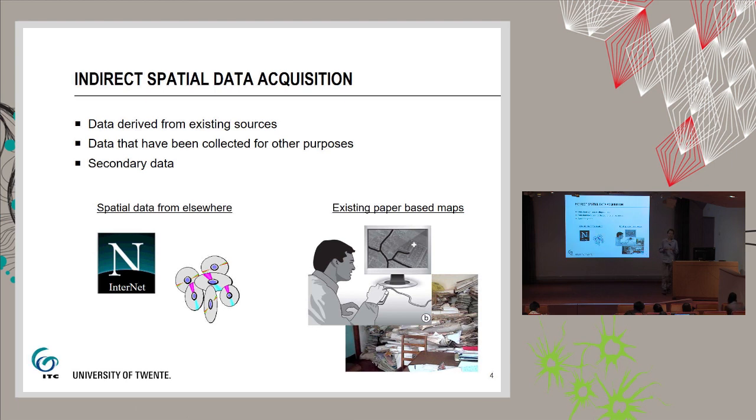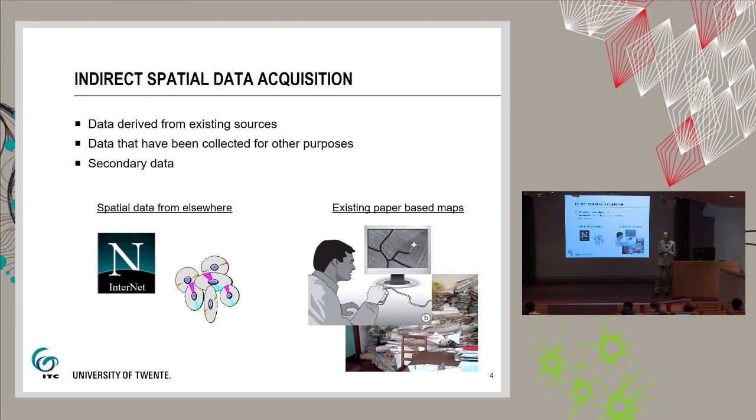So you can think of online sources. On the internet, you have a lot of options nowadays to obtain data, and it might be data which suits your project. That depends on the quality and on the accuracy of the data, but there are many so-called geoportals which you can use to search for spatial data.